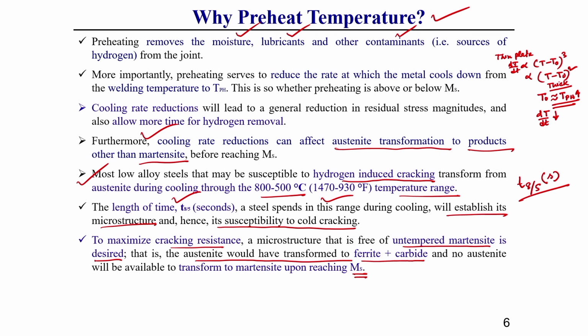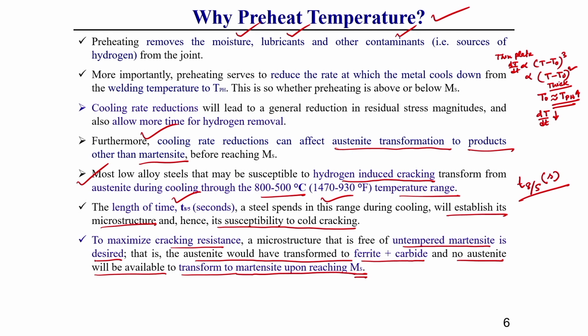That means, no austenite should be present to transform from austenite to martensite. So, no austenite will be available to transform to martensite upon reaching martensitic starting temperature.